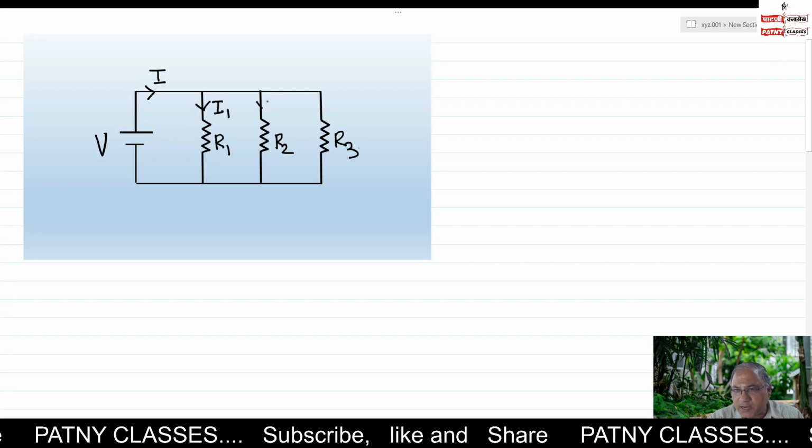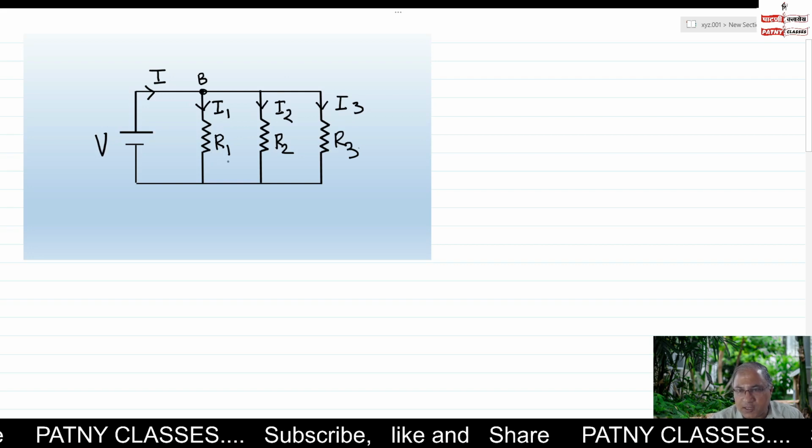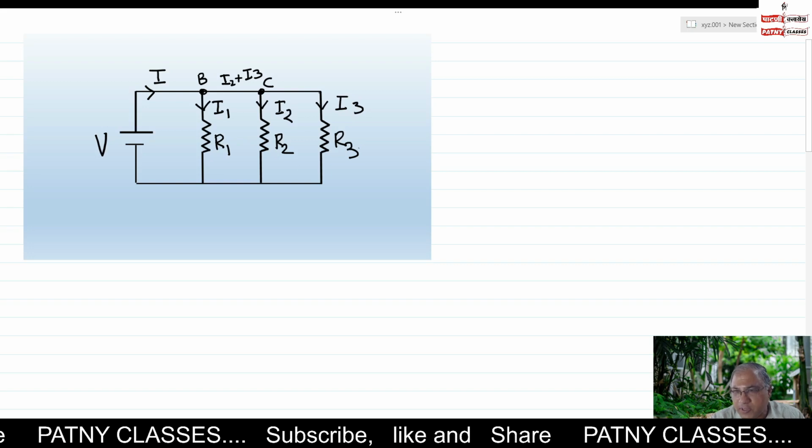The next part flows through R2, that is I2, and the rest flows through R3. As soon as the current comes to junction B, I1 flows through R1 and I2 plus I3 flows further. When I2 plus I3 reaches junction C, it gets divided into two parts. I2 flows through R2 and the remaining current flows through R3.